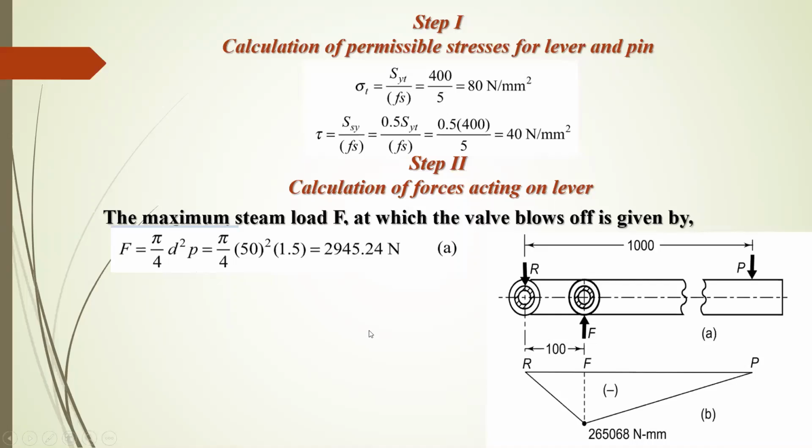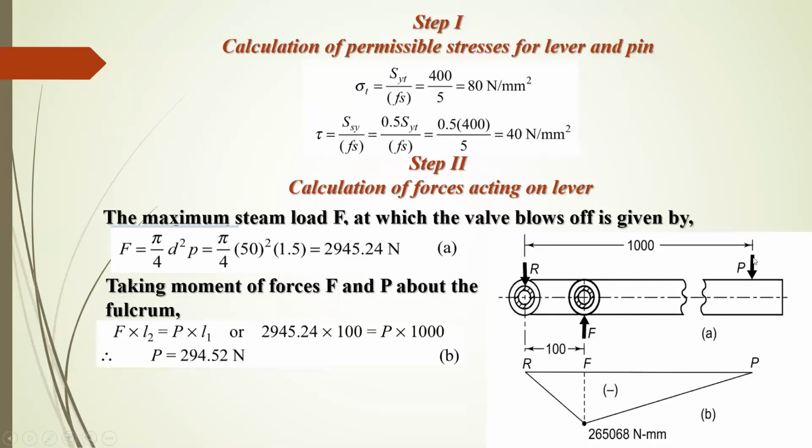Second, we have to calculate P, that is the dead weight. What is the dead weight required to keep the lever horizontal? We take the moment of the forces F and P about the fulcrum pin, R. The moment of P is P into this distance 1000, which is in the clockwise direction, and F is in the anti-clockwise direction.